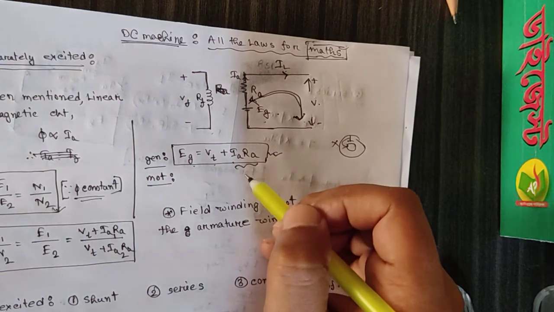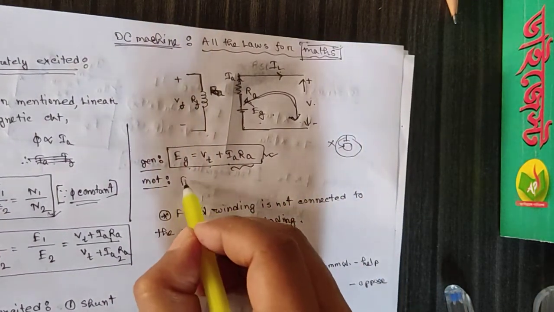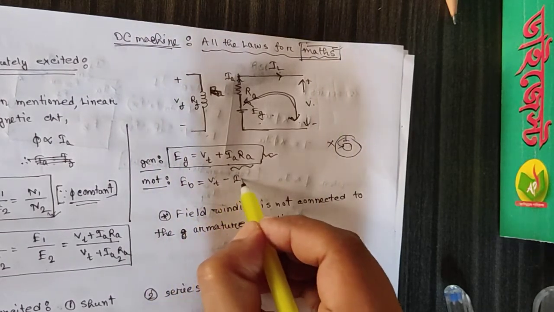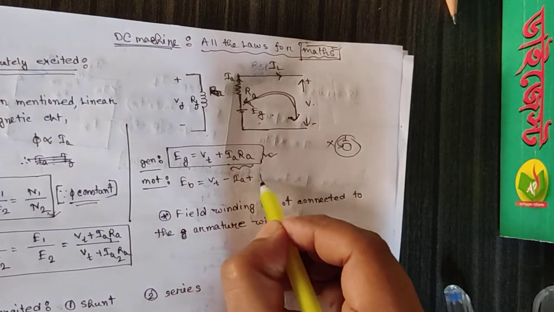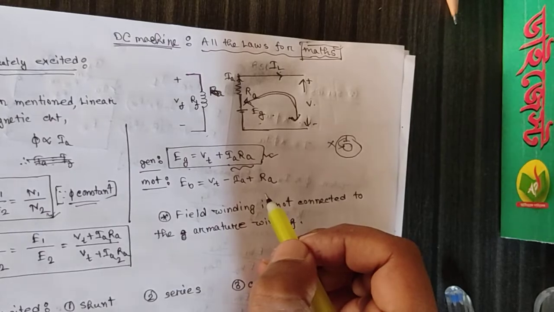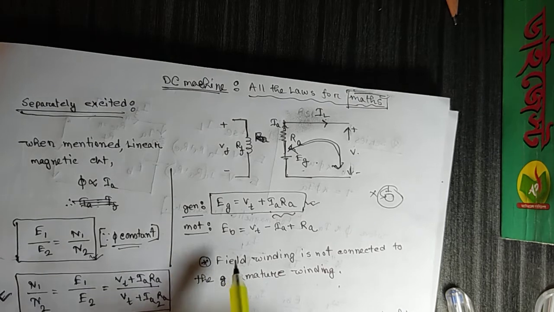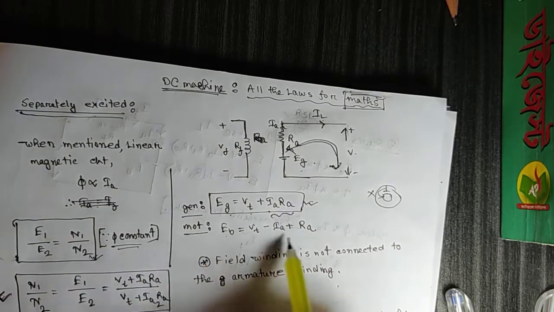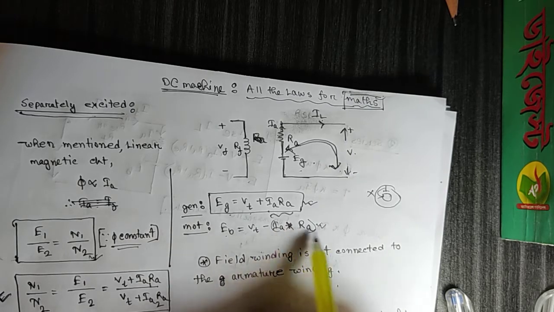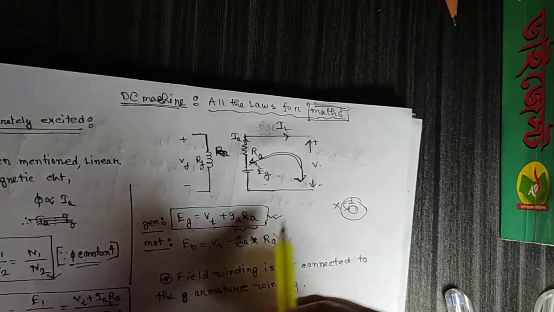But what will happen if this is a motor? In case of a motor, it will be back EMF equal to Vt minus Ia Ra. So this one is the motor equation. How does it come?